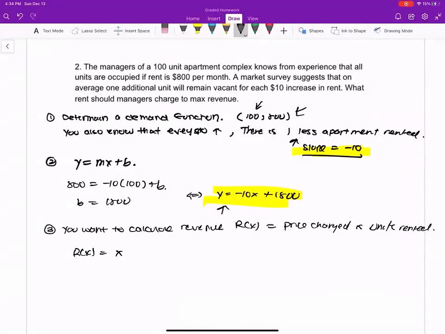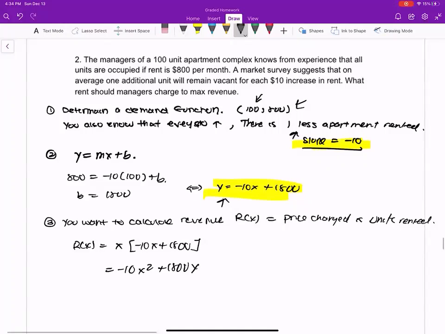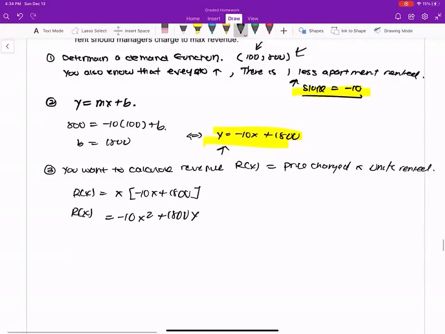So you would sub in negative 10x plus 1800, which will give you negative 10x squared plus 1800x, which is in fact the revenue.